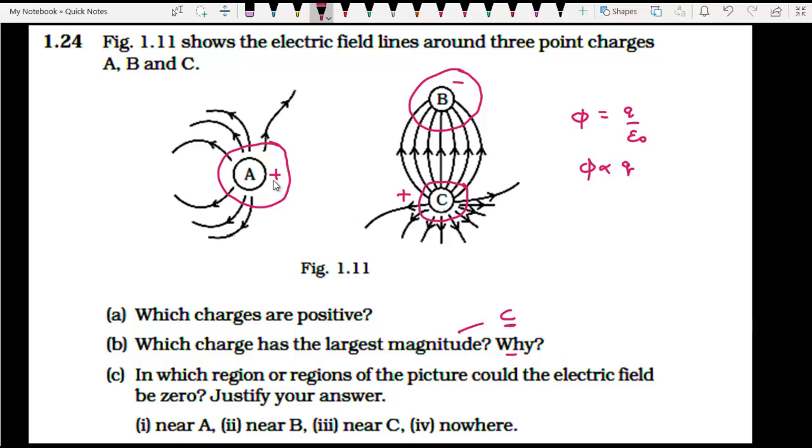So if you observe carefully, then you can see that the number of field lines associated with this charge A are less than that of C, so the neutral point must be near to this charge A. So from this information we can say that this first option is right.